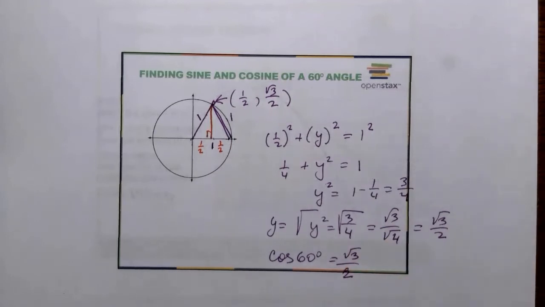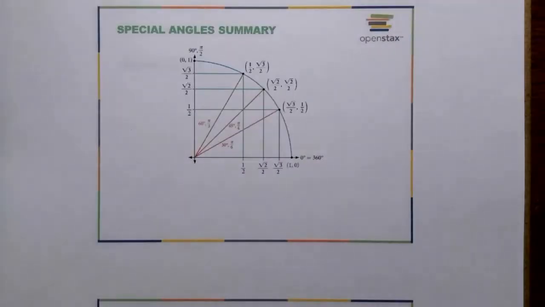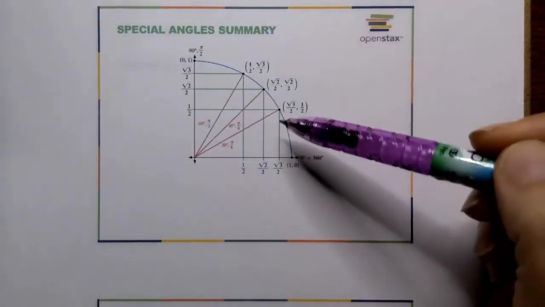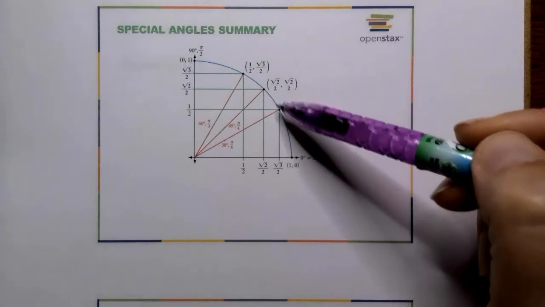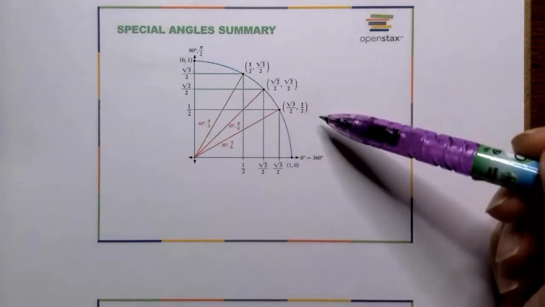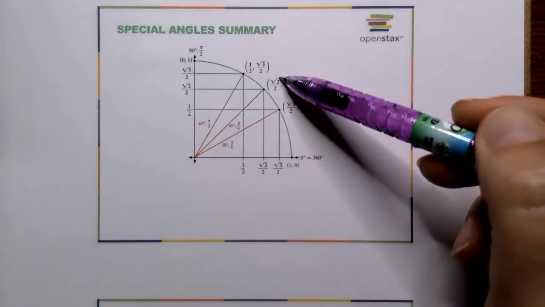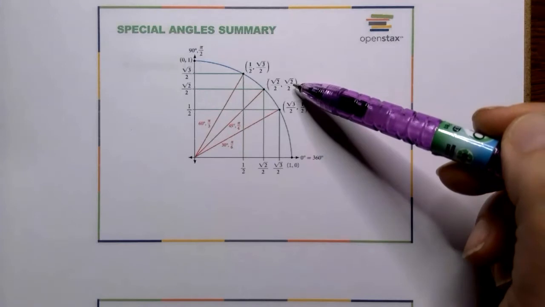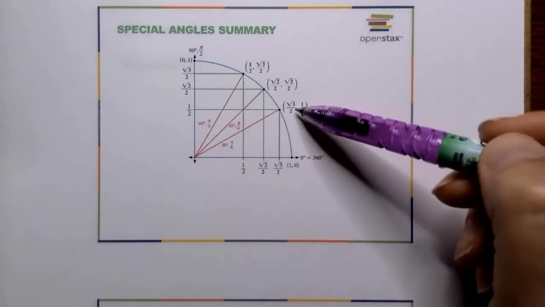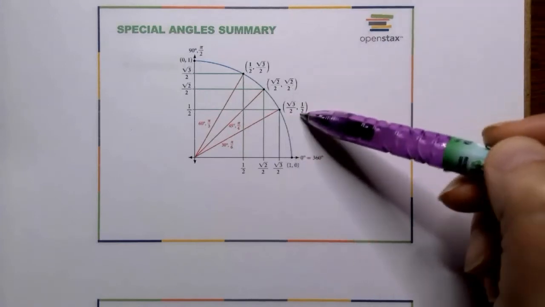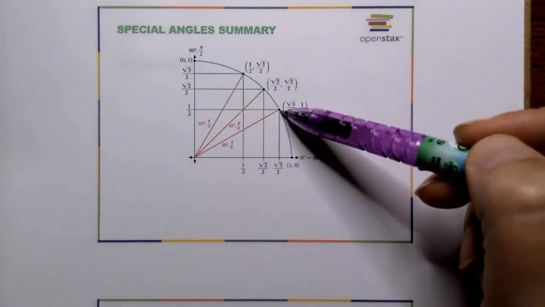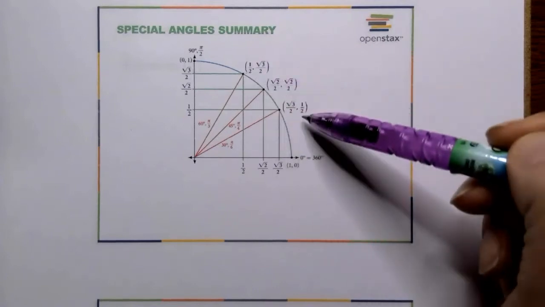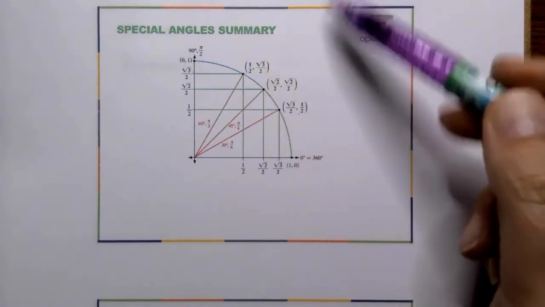So what do we see? Let's summarize what we found in this section. These are our commonly used angles, 30, 45, 60. And 45 has a sine and cosine that equal square root of 2 over 2. Now if you look at the sine and cosines for 30 and 60 degrees, they are switched around.